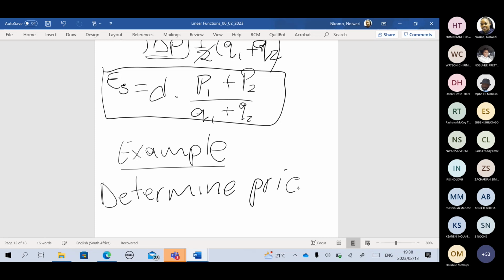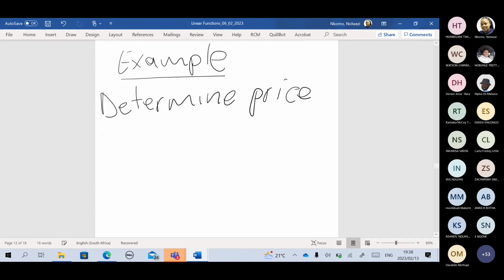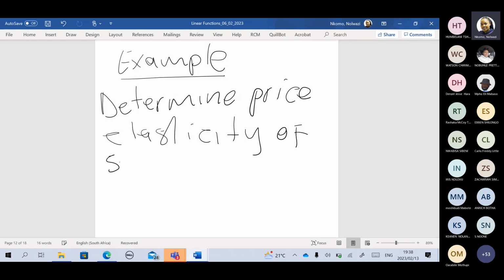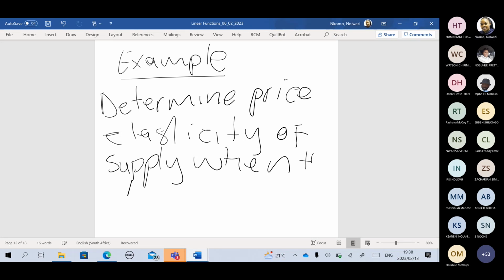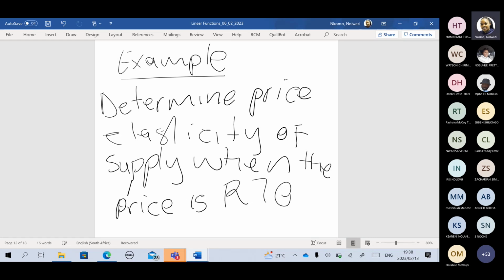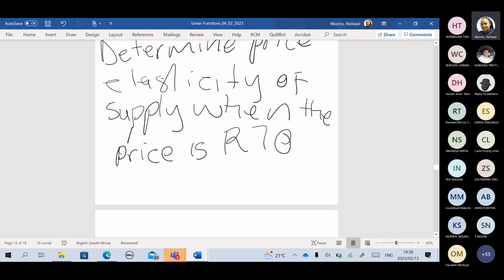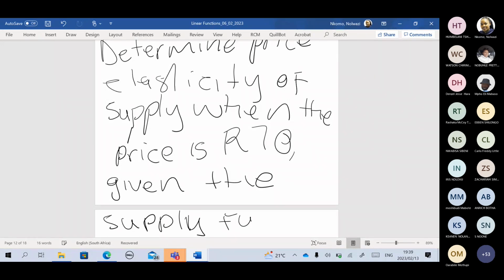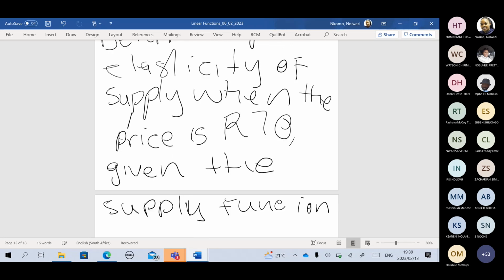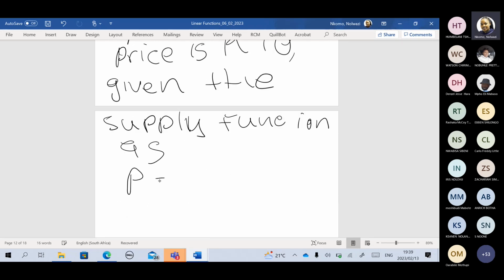Determine the price elasticity of supply when the price is 70 rand, given the supply function is P is equal to 100 plus 5Q.